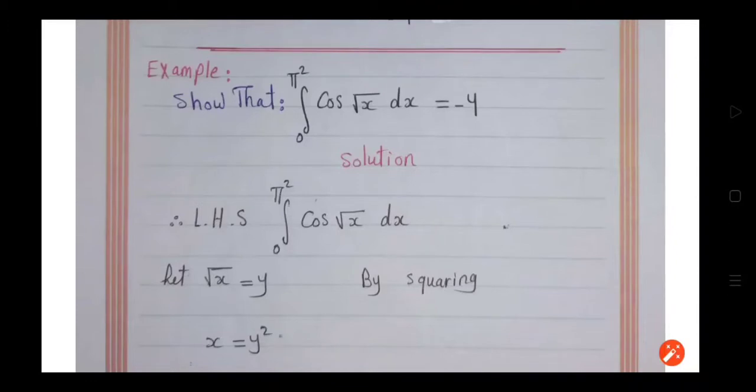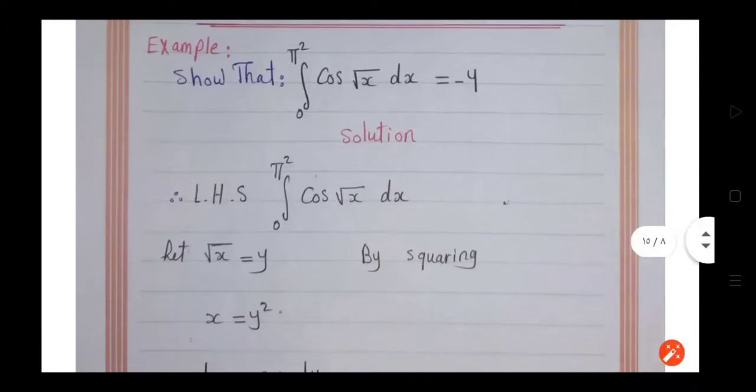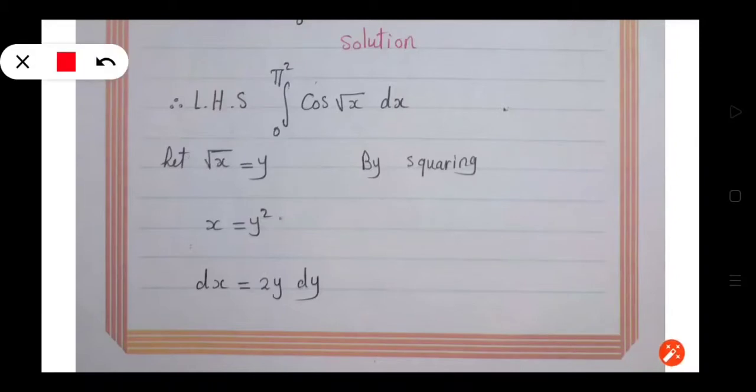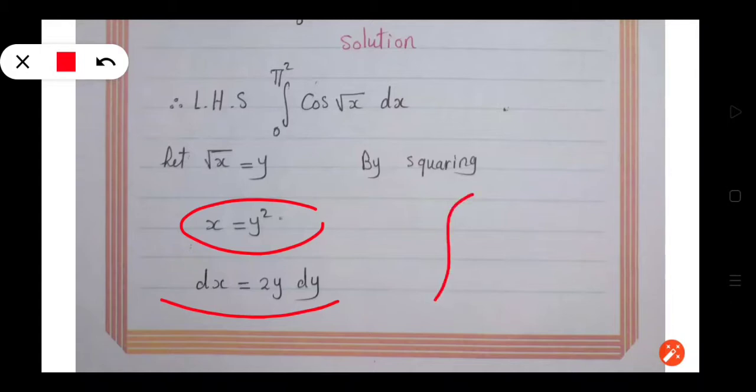Root x equals y. The left hand side is the definite integral from 0 to pi squared of cosine root x dx. We put root x equal y, so by squaring, x equals y squared. Now we should also find dx, so dx equals 2y dy. But in chapter 2 we didn't have bounded integration in this form.